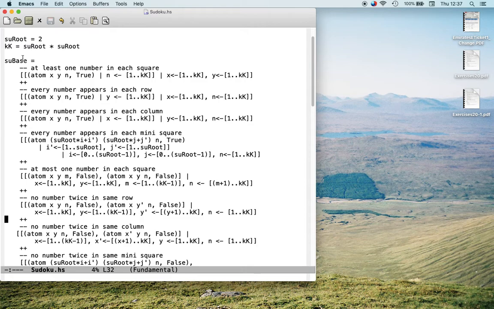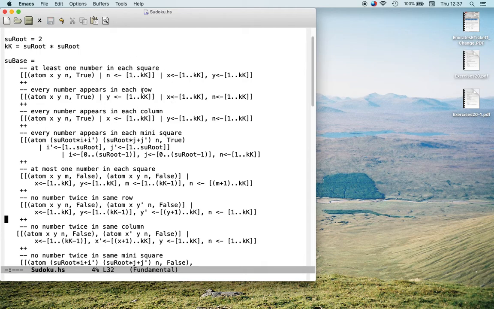And the Sudoku base is exactly this lot of conjunctions of clauses: clauses expressing at least one number in each square, every number appears in each row, every number appears in each column, every number appears in each mini square.